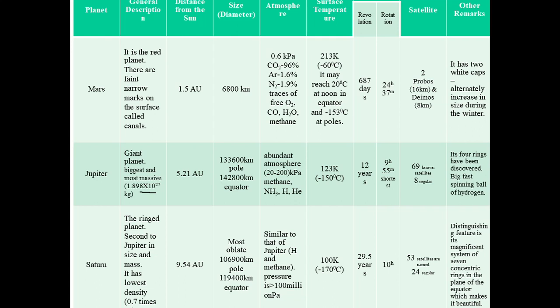Regarding the satellites of Jupiter, there are 69 known satellites. Out of these 69, 8 are regular satellites, and it also has 4 rings too.